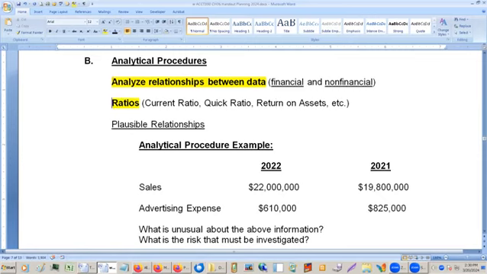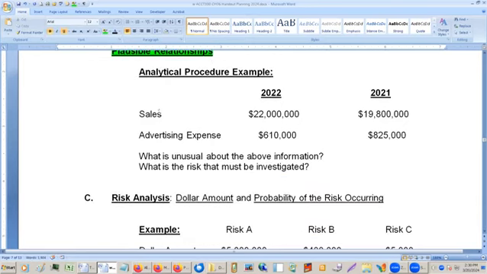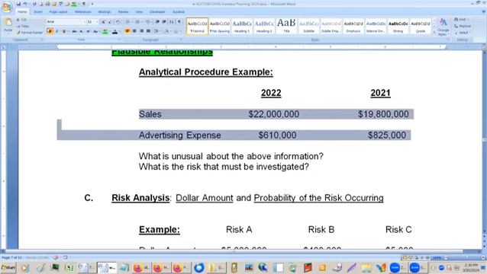You look at these ratios and do the analytical relationships. You're looking for things that are plausible. So plausible relationships. You look for relationships between. Okay, so let's take a look at sales. Down here we have sales and we have advertising expense.